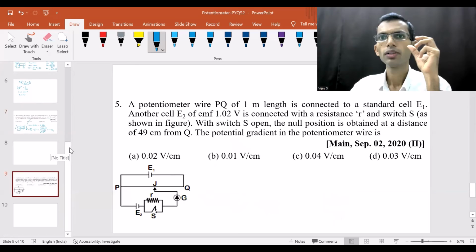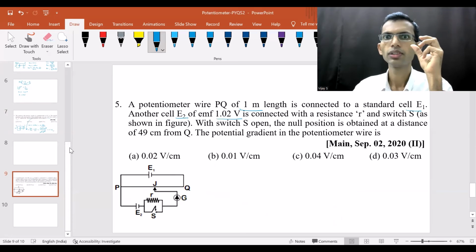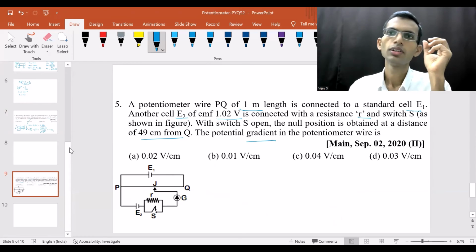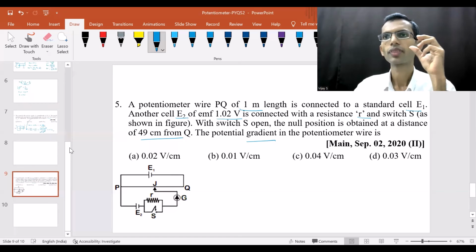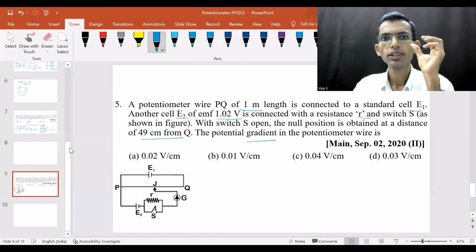A potentiometer wire PQ of 1 meter length is connected to a standard cell E1. Another cell E2 of 1.02 volts is connected with a resistance R and switch S as shown in the figure. With switch S open, the null position is obtained at a distance of 49 cm from Q. The potential gradient in the potentiometer wire is. So the potentiometer wire is connected to standard cell E1 like this.